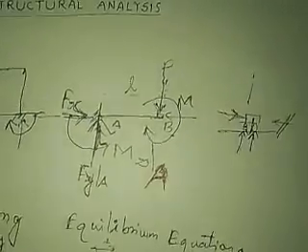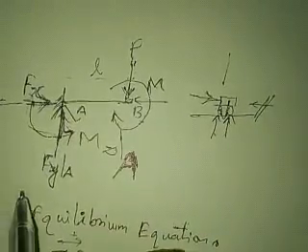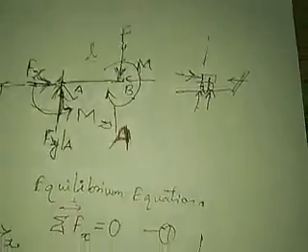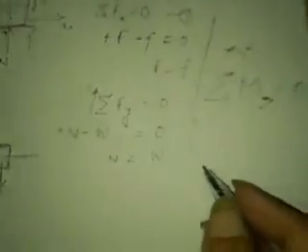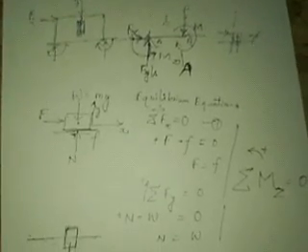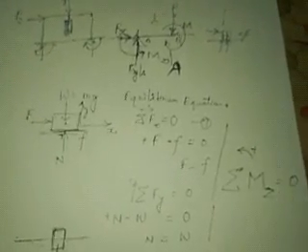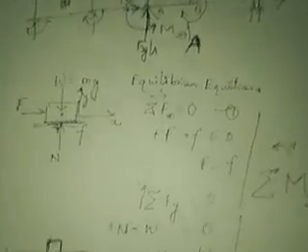It is easy when we have only 3 support reactions to evaluate, because we have 3 equilibrium equations. These three equilibrium equations can solve 3 variables, 3 unknowns. We can get 3 unknowns out of it.